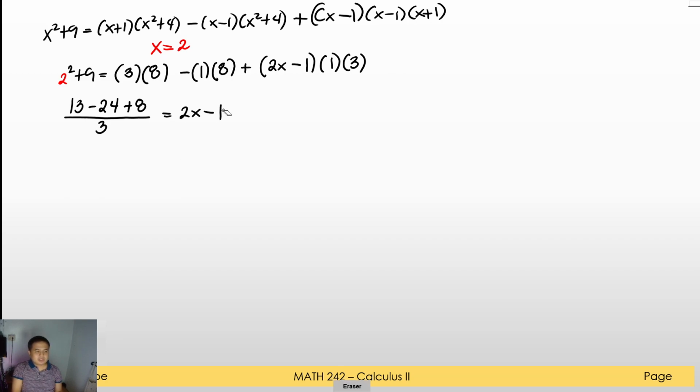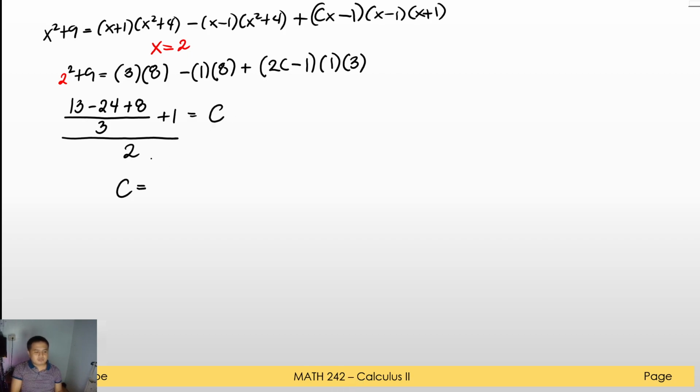So 2x minus 1, this will be plus 1 is equal to 2x. And then divide this by 2 over 2. Sorry, why is this 2? It should be c. So this should be c, and x here is 2. So 2c, so this will be just c.